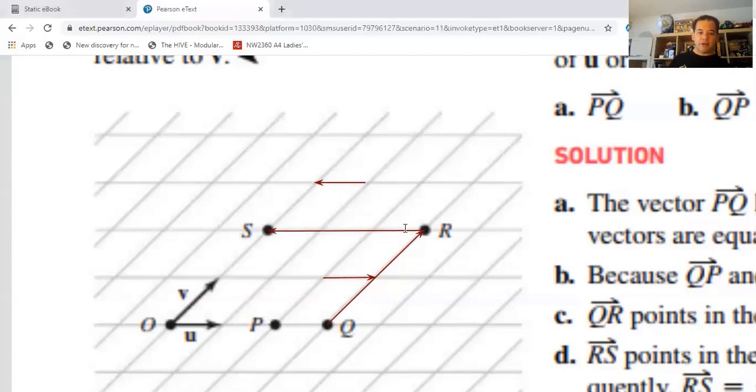Now, how about this one, RS? Well, see, it points in the opposite direction of u, right? If I put it over here, you can see that it points in the opposite direction of u. And how big is it this time? 3 times as big, right? So yes, that vector RS is exactly -3u. All right? Questions?